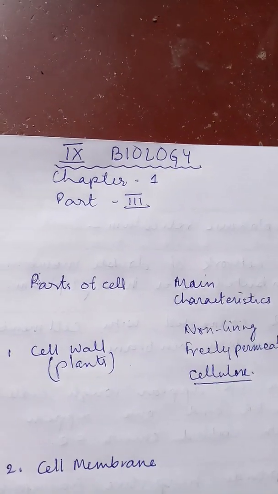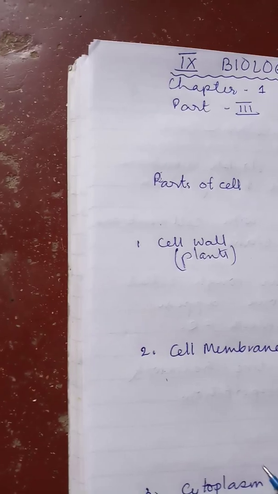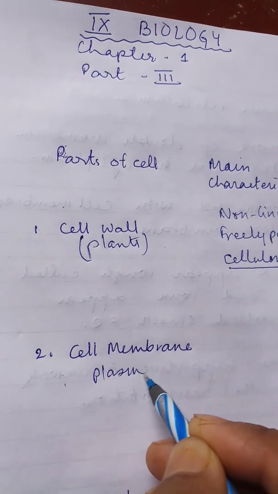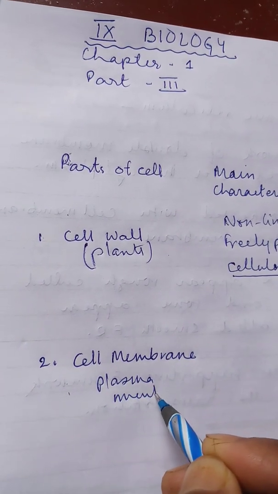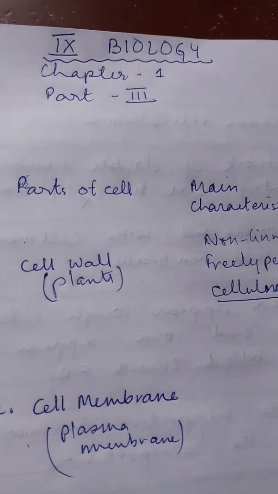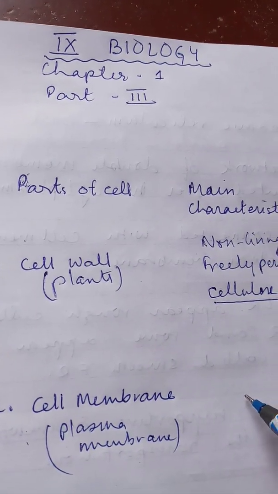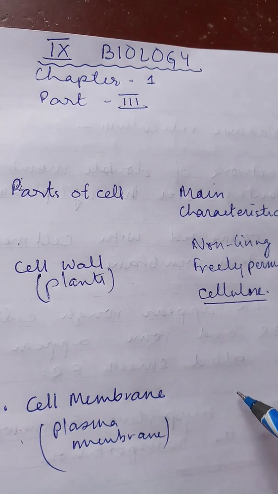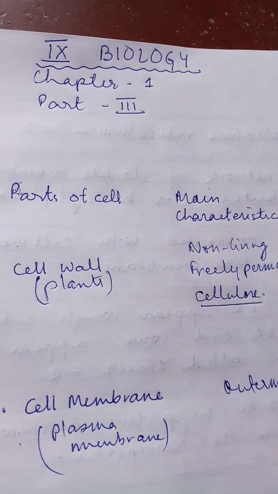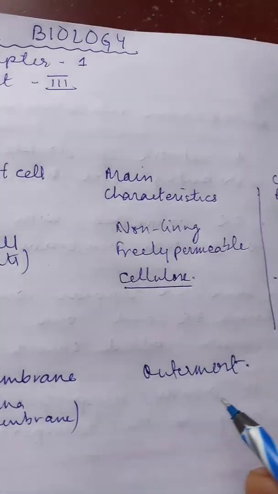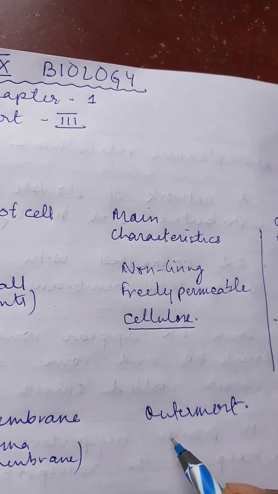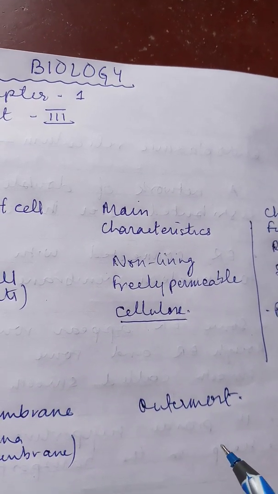Now second, the cell membrane, also known as the plasma membrane. In the animal cell it is the outermost, but in the plant cell, the cell wall is the outermost.